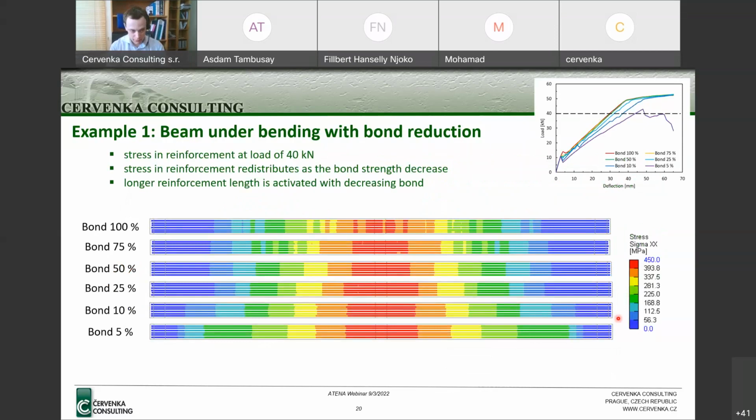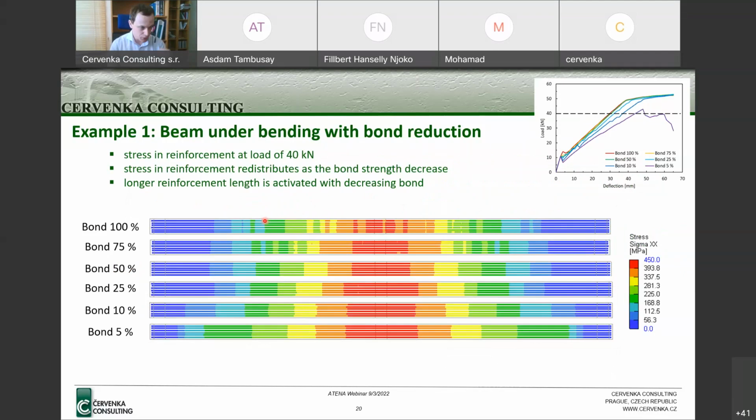If we want to analyze the results in more detail, here we are looking at the reinforcement from the top, and we can see that if we reduce the bond strength, the longer length of the bond will be activated, which is indicated by this kind of figure.